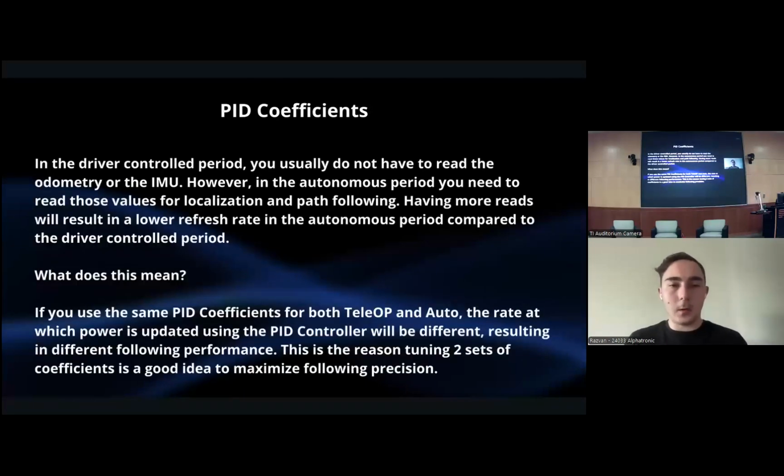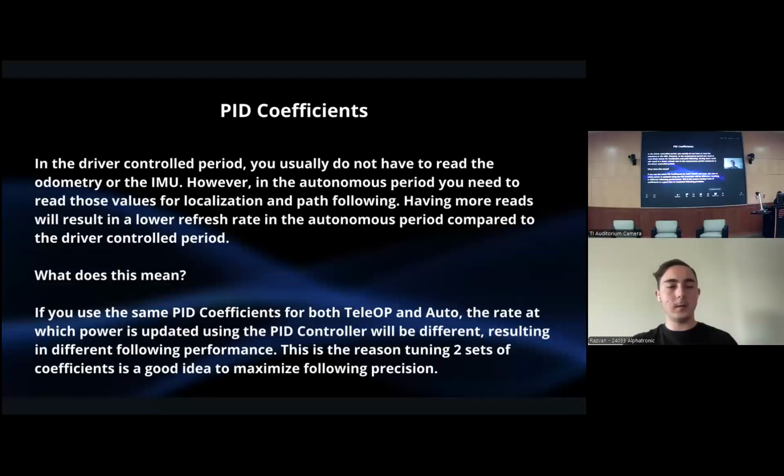With PID coefficients, it's very important to know that a set of PID coefficients on, let's say, 100 hertz will not function as well on 50 hertz, because the rate at which power is updated is different. So with a higher refresh rate, you can push your coefficients to be higher. However, when it is lower, it might be more shaky.